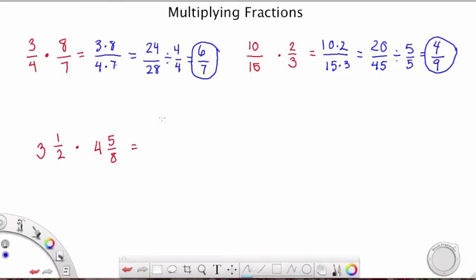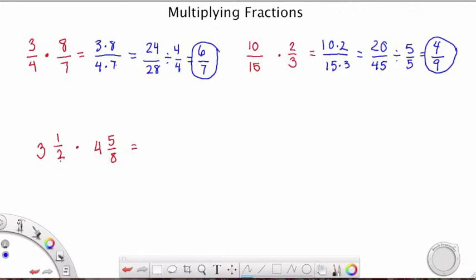Okay, now this is a little more work. If we have a mixed number, which is a whole number and a fraction put together, such as 3 and 1/2 and 4 and 5/8, before we multiply, we need to convert these mixed numbers into improper fractions. The way we do that is with what's called the around the world technique.